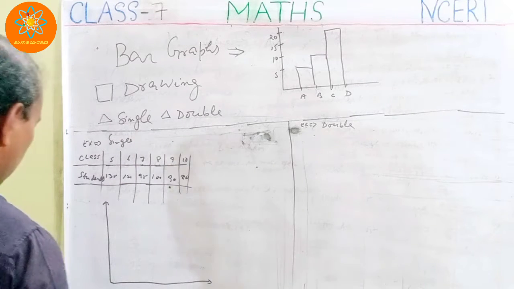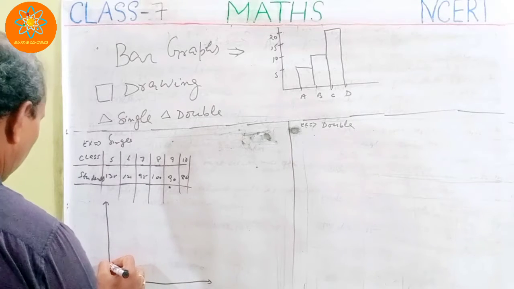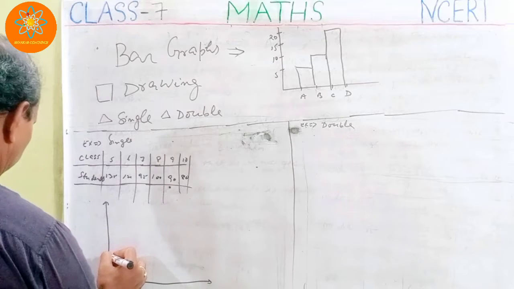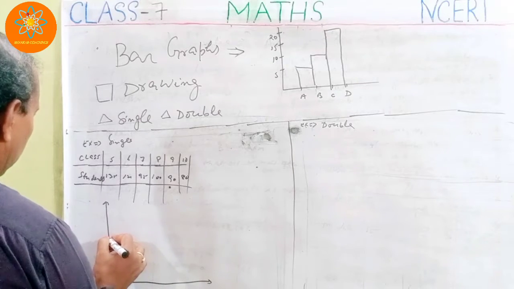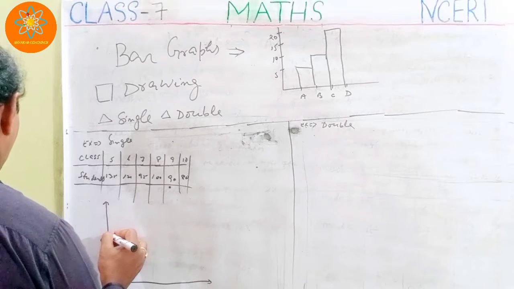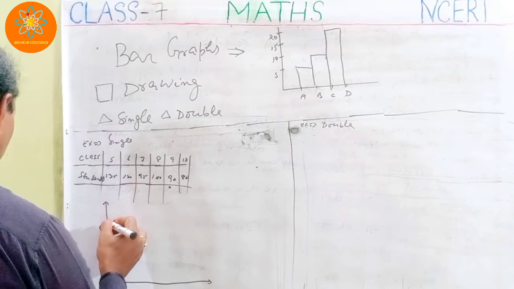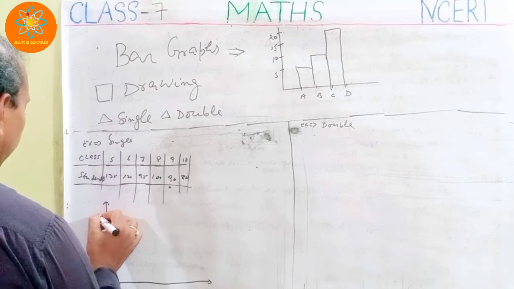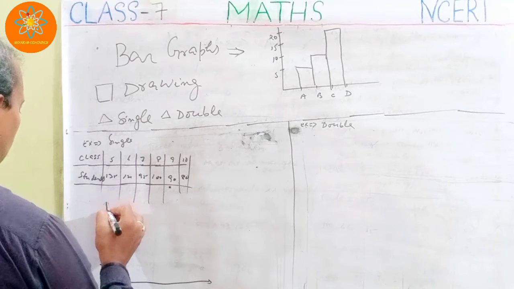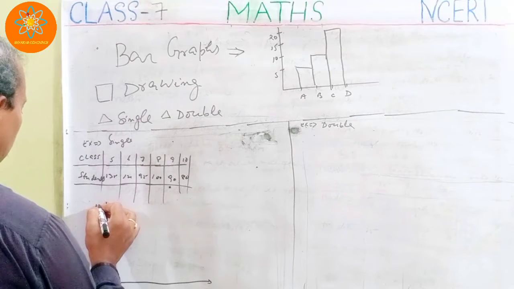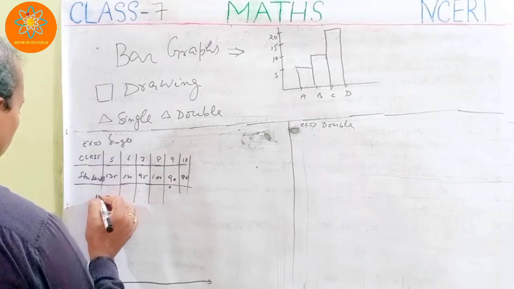Let's suppose this is 20, 40, 60, 80, 100, 120 and 140.